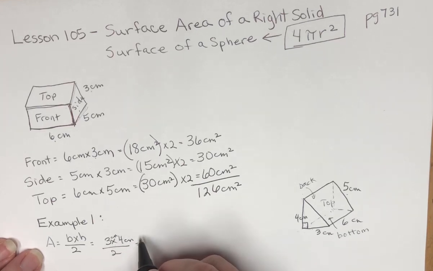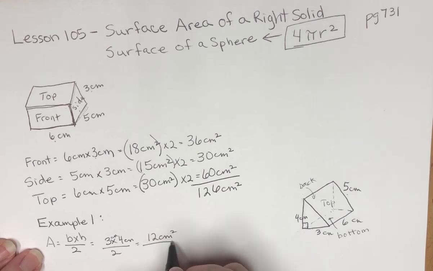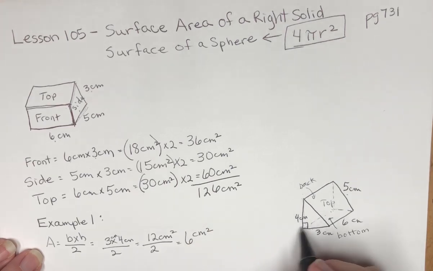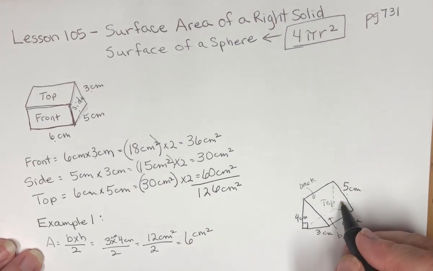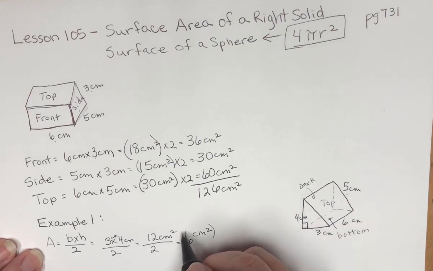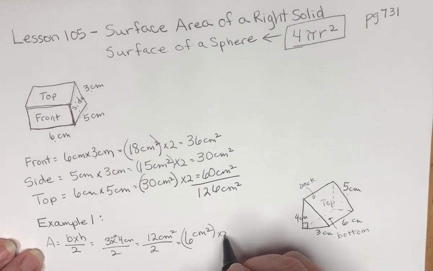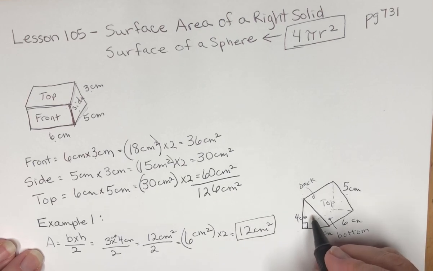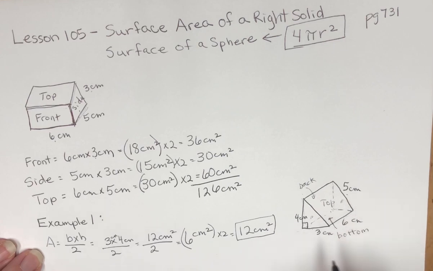So 12 centimeters squared divided by 2 gives us 6 centimeters squared. That's for one triangle, but it has a matching triangle, so we multiply by 2 and end up with 12 centimeters squared for the two triangular sides.